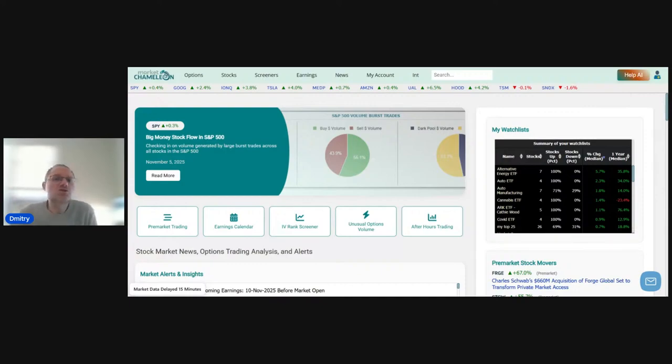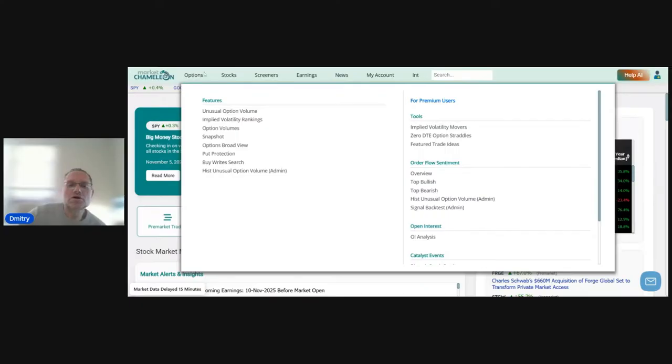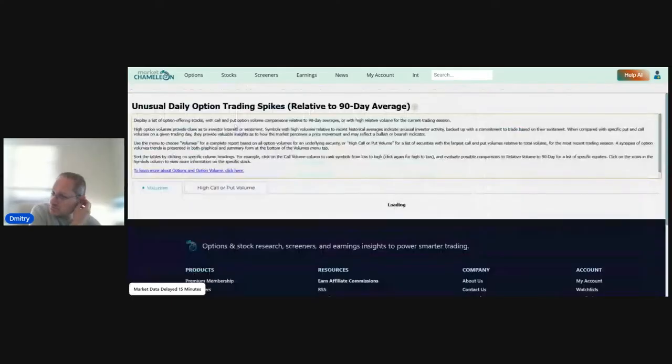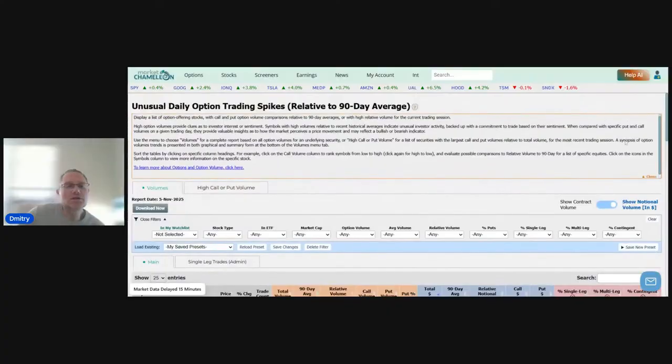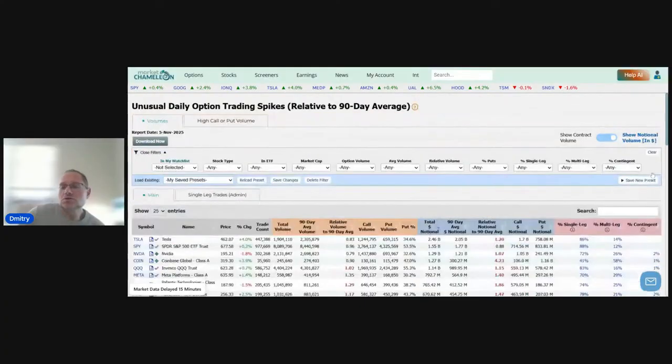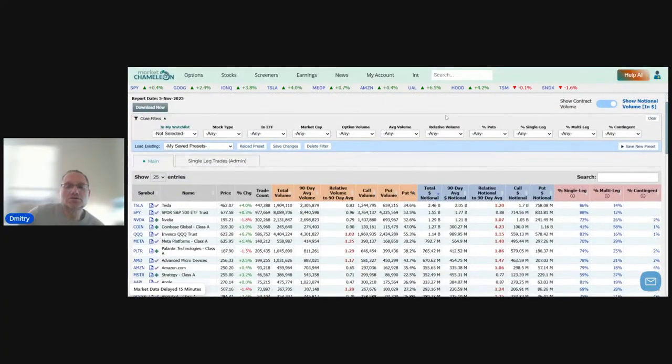So let me just show some examples first. We could go to the options volume report. So if we hover over the options and we click on options volume, we come to this report. Let me just close this top part to expand our screen.